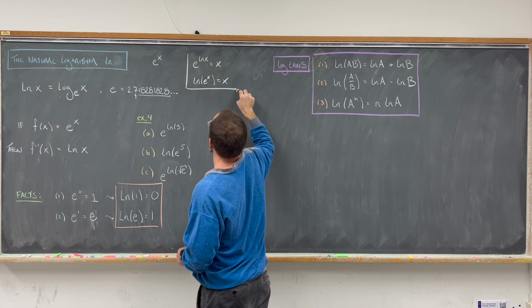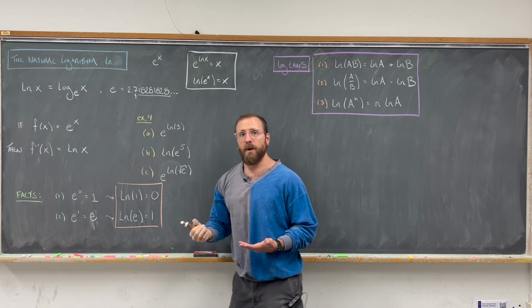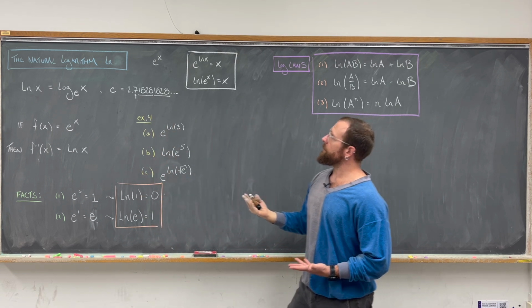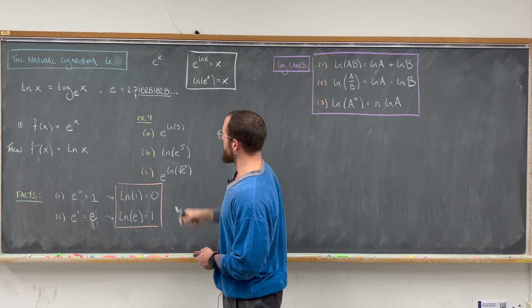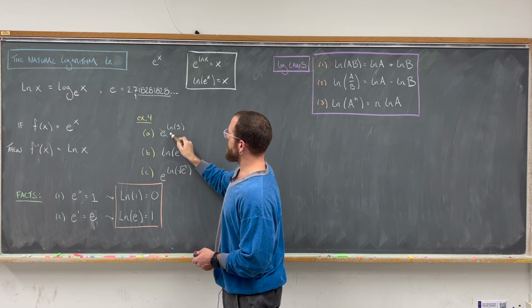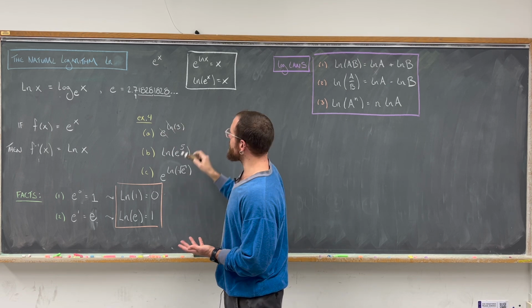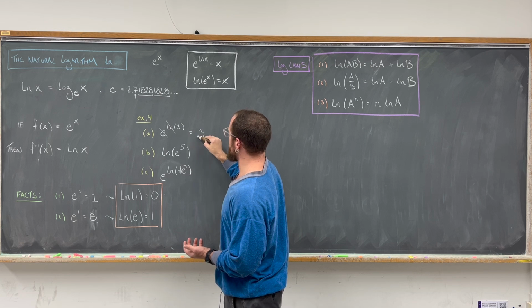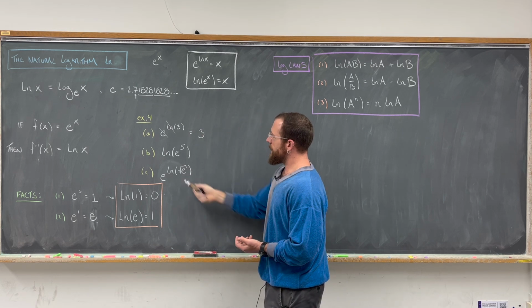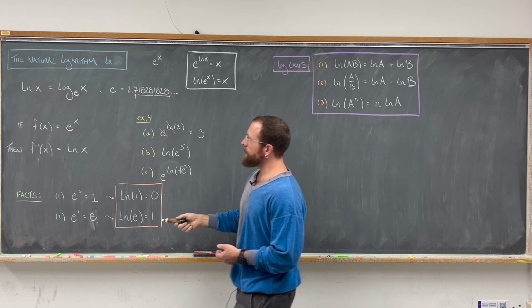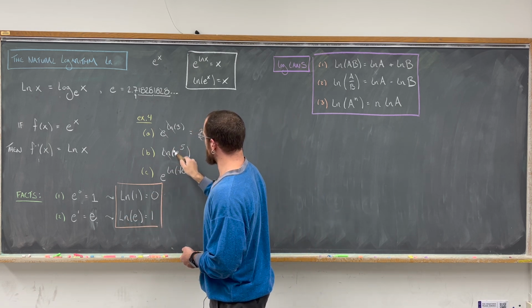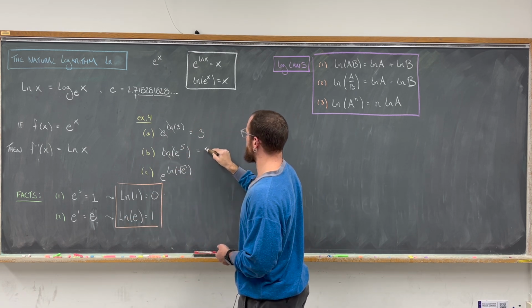This is just the cancellation equations for any logarithm, but now I'm doing it for the natural logarithm. And so e to the ln, they cancel. They're inverse functions of one another. This is equal to 3. ln of e, same thing. When you compose inverse functions, you get back what you started with.